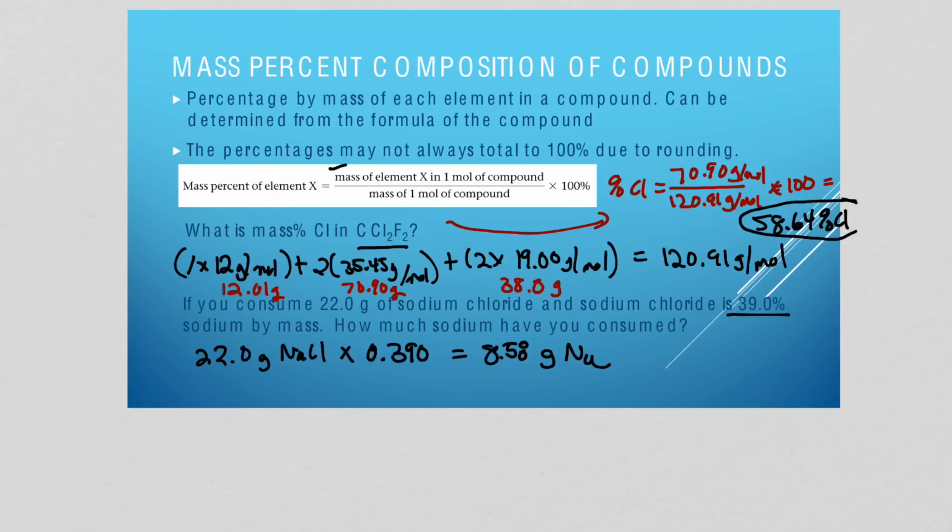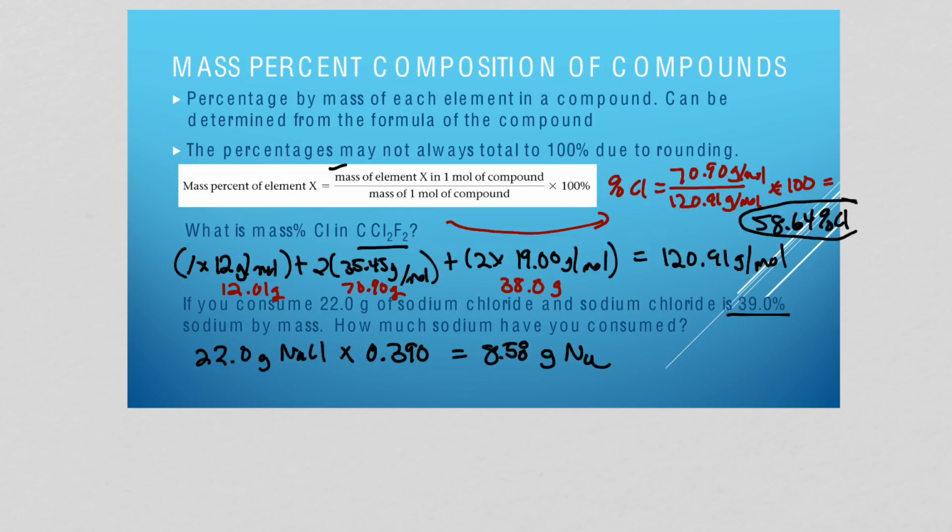So that 22.0 grams of sodium chloride is 39% sodium, excuse me. And so 8.58 grams of that 22 are coming from the sodium.